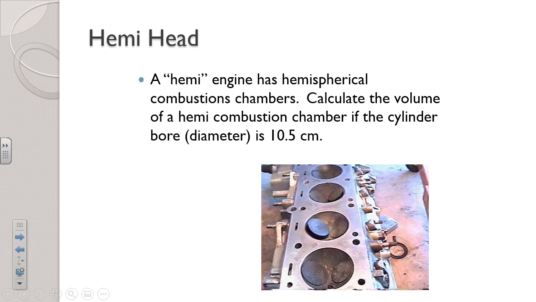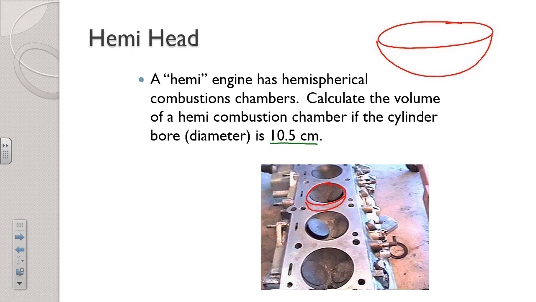Okay, a Hemi engine is called a Hemi engine because the combustion chambers in the cylinder head are hemispherical. So if you want to think about it, those combustion chambers where the valves are half of a sphere. Now the diameter in this case is 10.5 centimeters. So since that's the diameter, we can divide that by 2, and we get a radius of 5.25 centimeters.